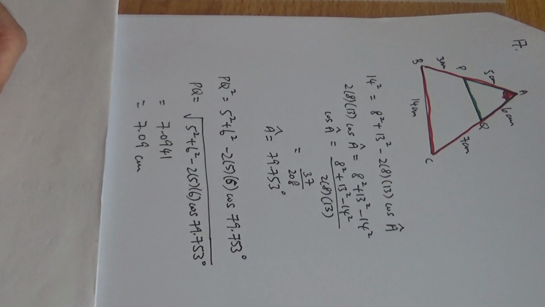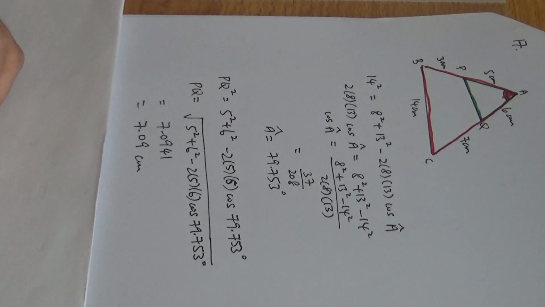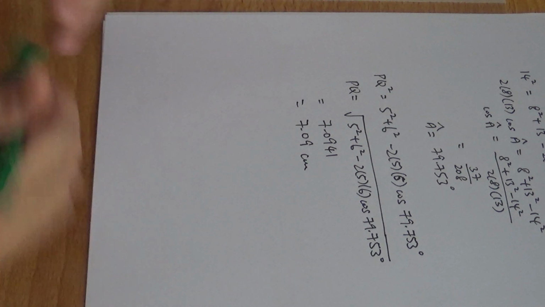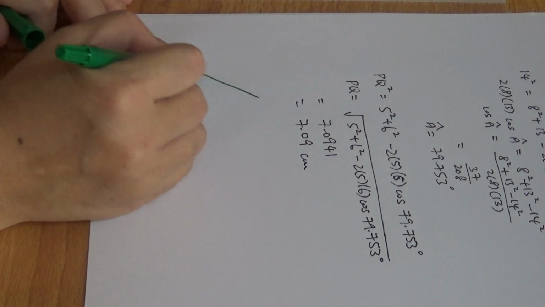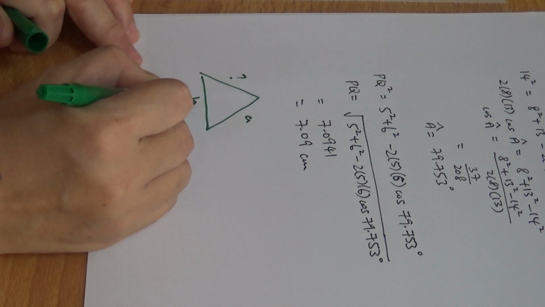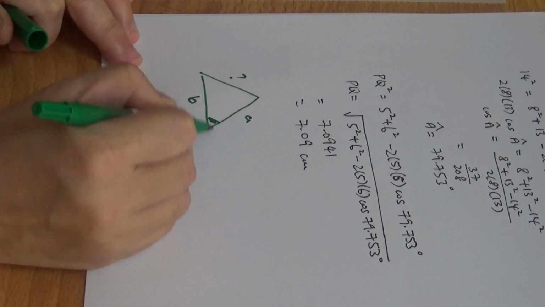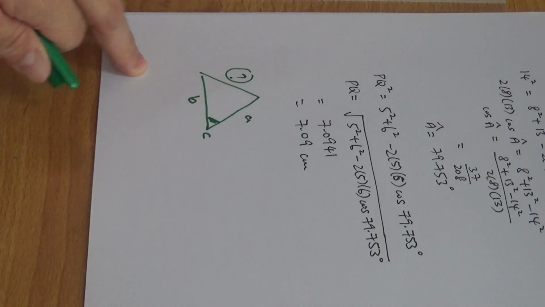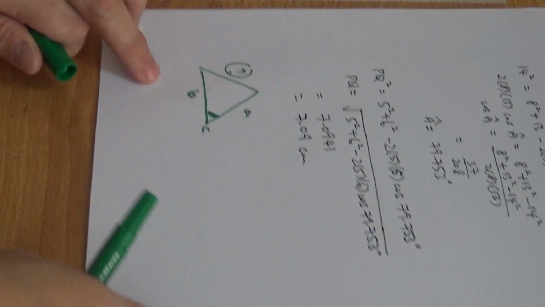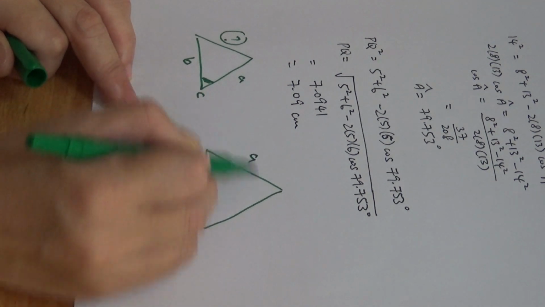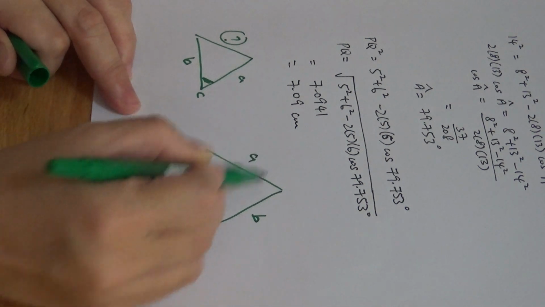Now, in summary, for cosine rule, you can find this unknown side, given these two sides and an included angle, using cosine rule. Or if you are given any three sides, you can find any angle.